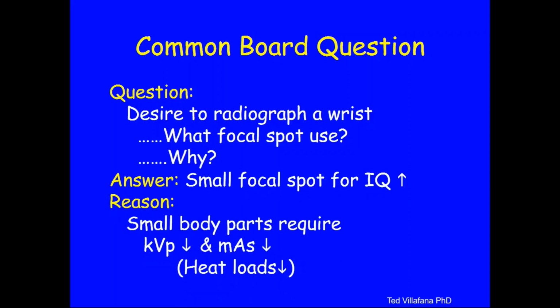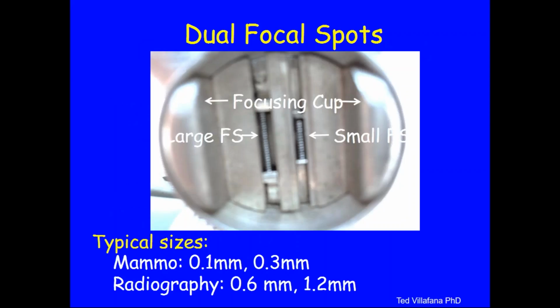So that you can get better resolution. And the rationale being small body parts require a lower kV, lower mAs. That results in lower heat loads, so you can get away with a smaller focal spot. Very common question, and it's sort of a no-brainer. Very easy to work out.